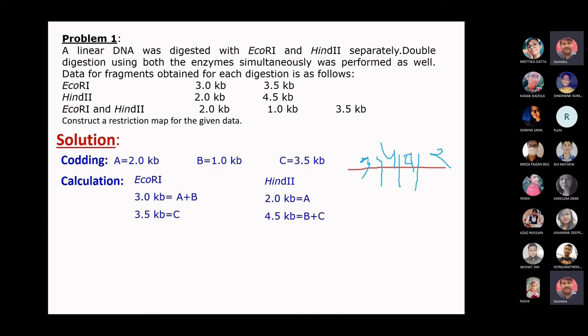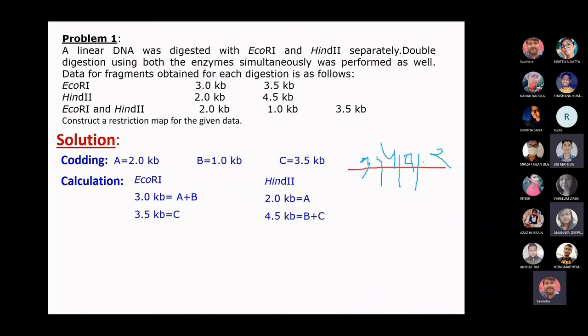If I ask from where you can find an 11 kb fragment, it is 9 and 2, yes or no? Is there any other way to find that 11 kb fragment?